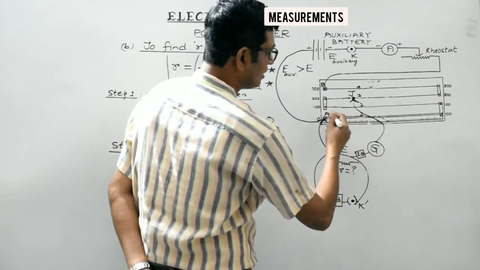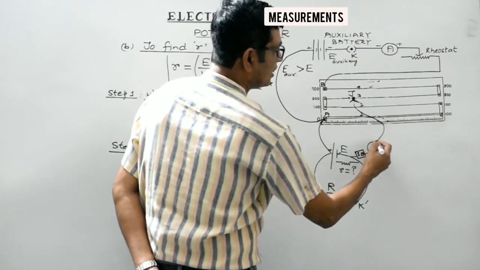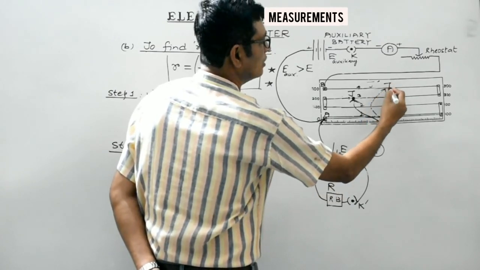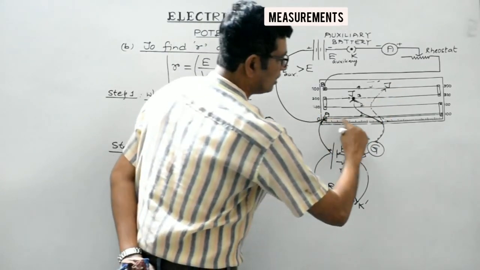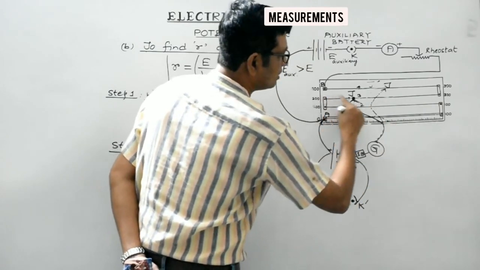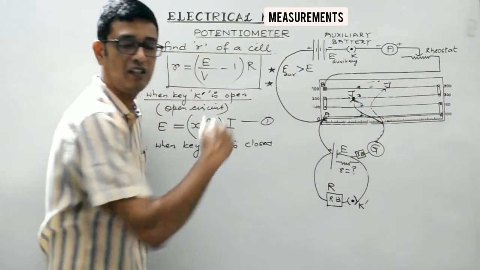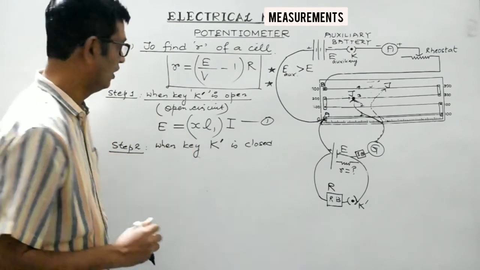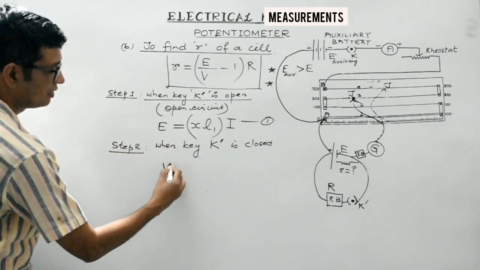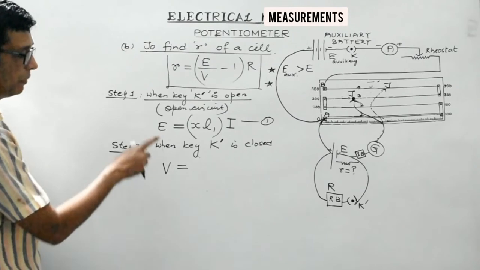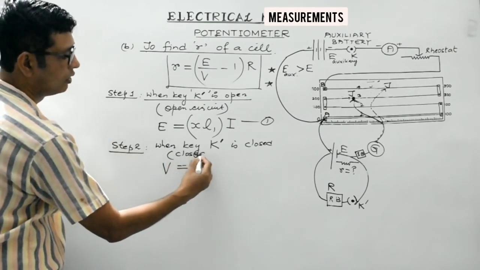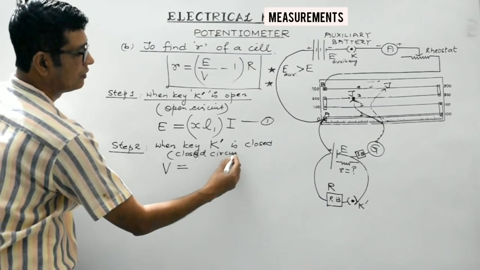In this case, again the jockey is slid and a new balancing length is found, like it is somewhere over here. The balancing length can be easily found: 100, 200, 300 and maybe 340. Let us consider it as L2. So in this case, in place of EMF it will be potential difference because it is the case of a closed circuit.